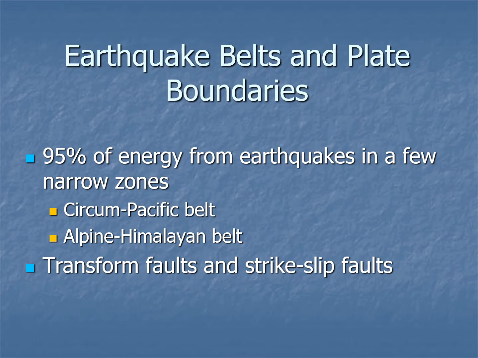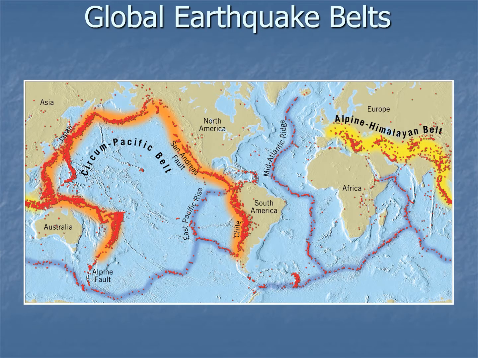Sometimes we do get intraplate quakes, but probably 95% of earthquakes on this planet not only are at plate boundaries, but are in a few narrow zones, like the Pacific Rim, the Circum-Pacific Belt, and the Alpine Himalayan Belt. And then, of course, transform boundaries and strike-slip faults are going to make up some of that 95%.